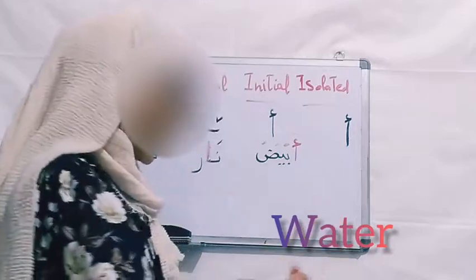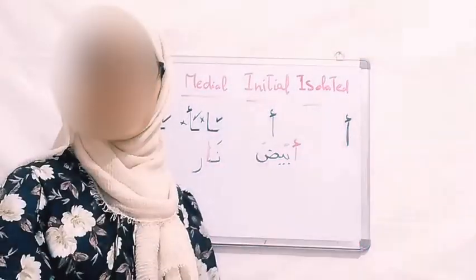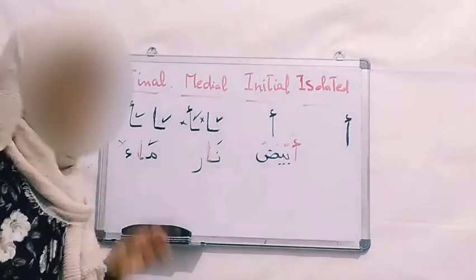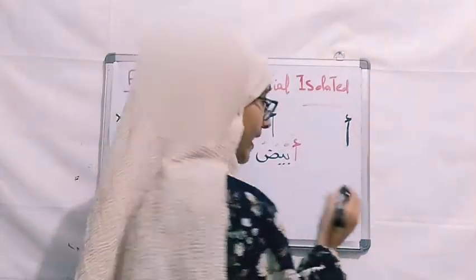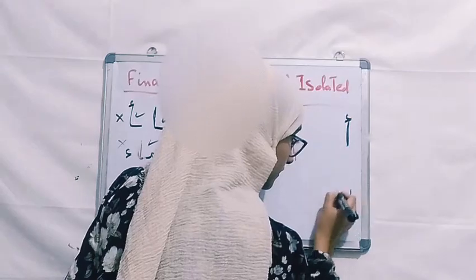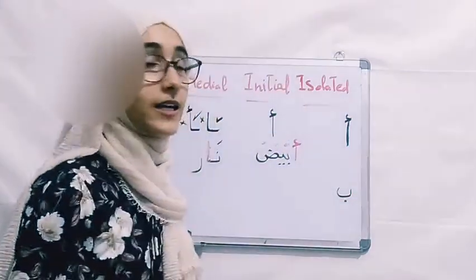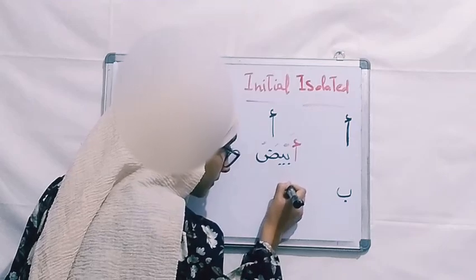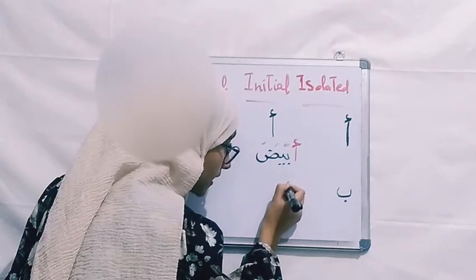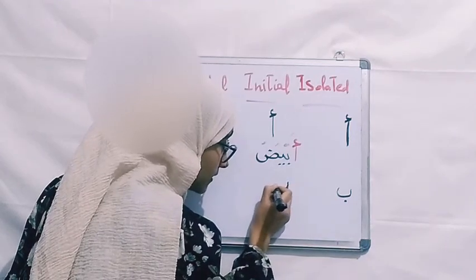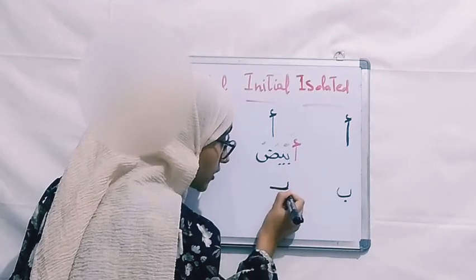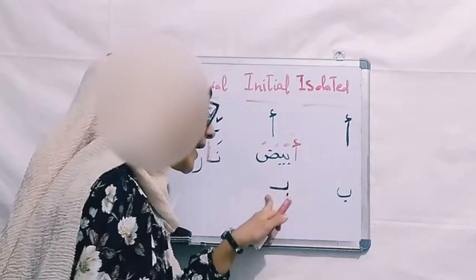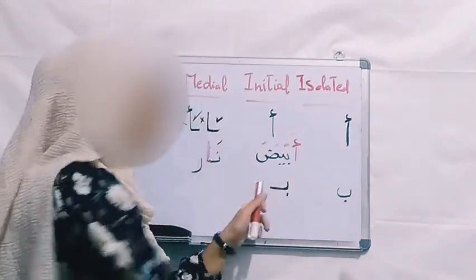Ma means water. And now we have the letter Ba. In initial form, you write Ba and you keep the straight line, and you put the dot right underneath this. Why? Because it needs to be connected to other letters.